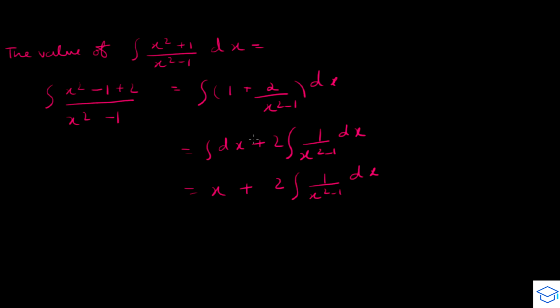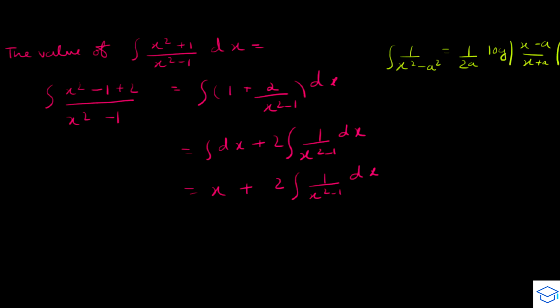And we know the result. Integral of 1 by (x square minus a square) is 1 by 2a log of (x minus a) by (x plus a). So we know this result, so let me apply this result over here.